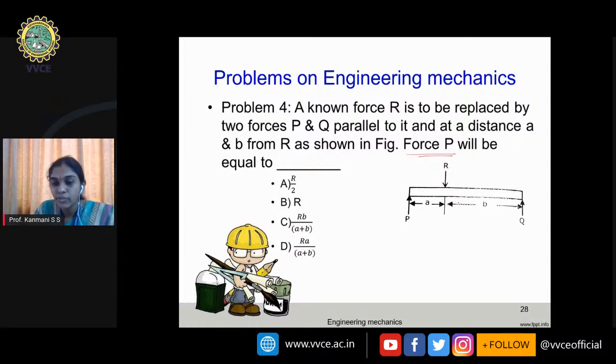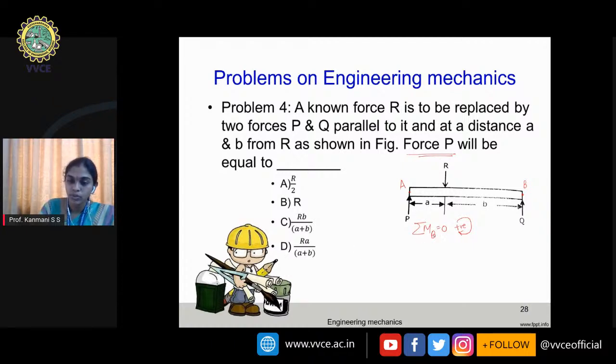To find force P, here I am starting with the equation of equilibrium. We have three equations. I'll apply only one. I'll call this point B, this point A. I'm going to apply moment about point B equal to 0, considering clockwise moment positive. This equation symbolizes that the algebraic sum of moments about any point on the rigid body is equal to 0.